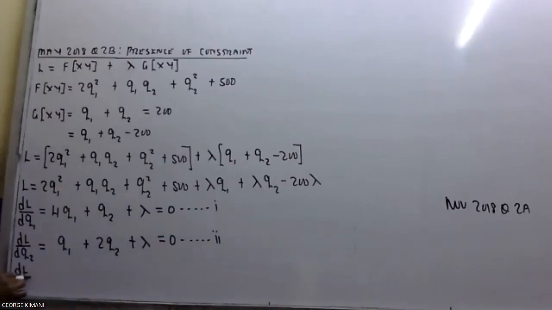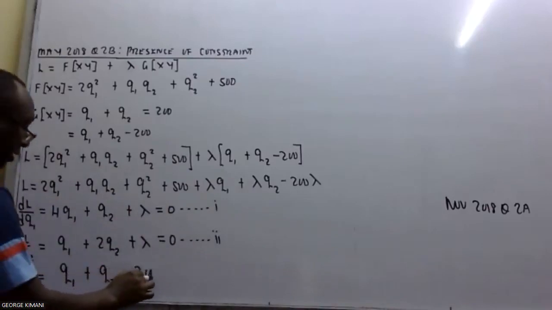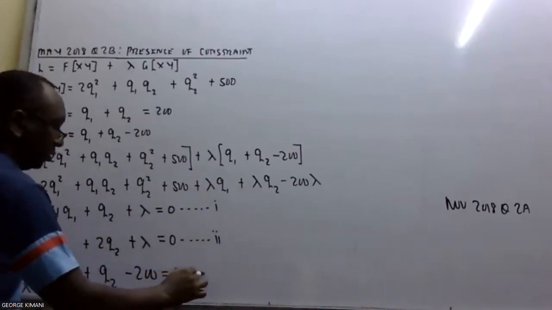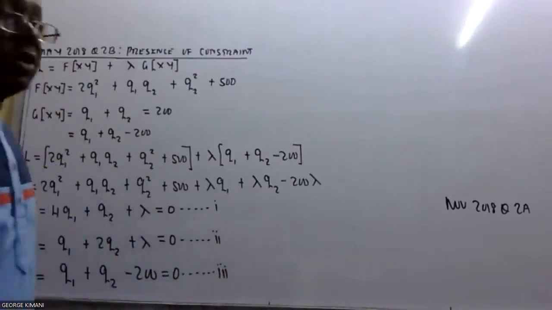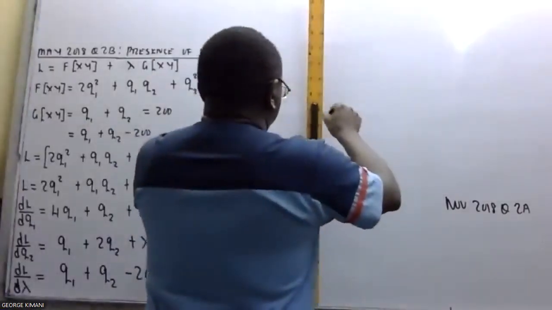The differential of the grade with respect to lambda, the next independent variable: all these do not have lambda, so we are left with Q1 plus Q2 minus 200. This is 0, and you call it equation number 3.